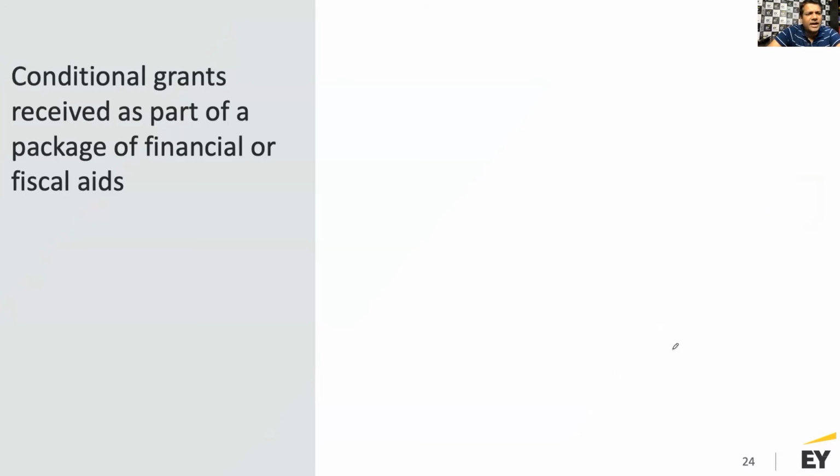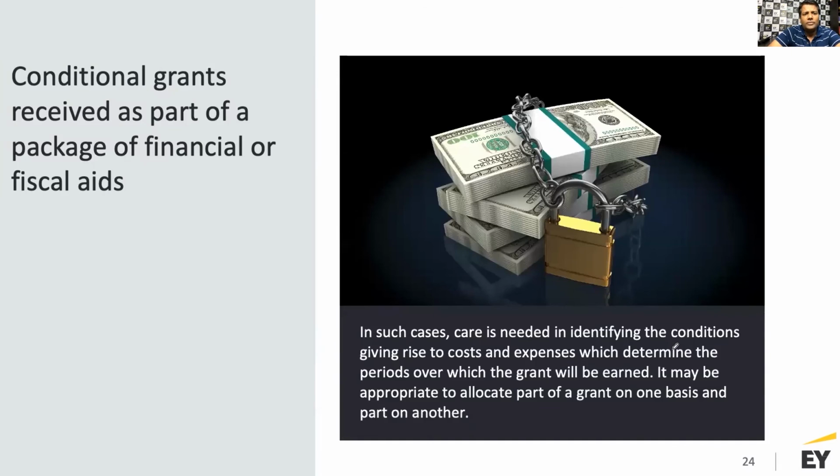Let's look at another scenario where there's a conditional grant received as part of a package of financial or fiscal aids. Now, if that been the case, in such cases, the care is needed in identifying the conditions which are giving rise to cost and expenses which determine the period over which the grant will be earned.